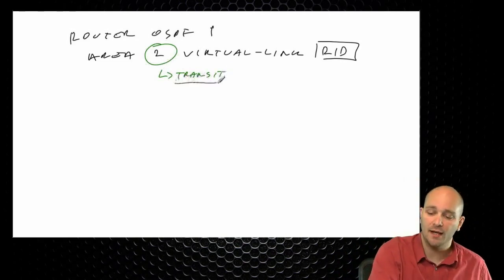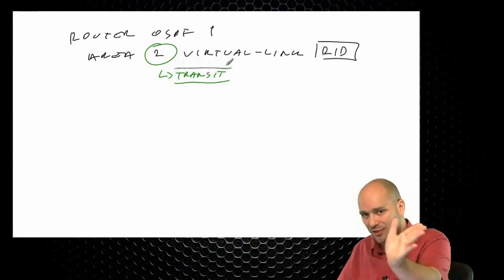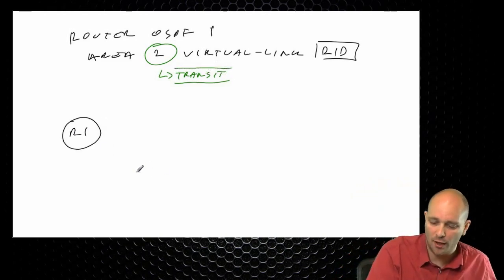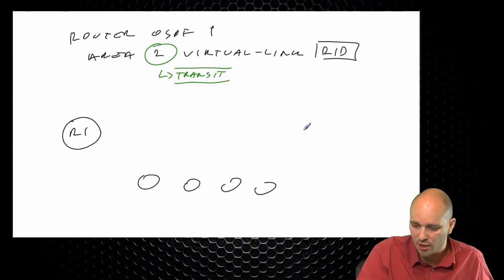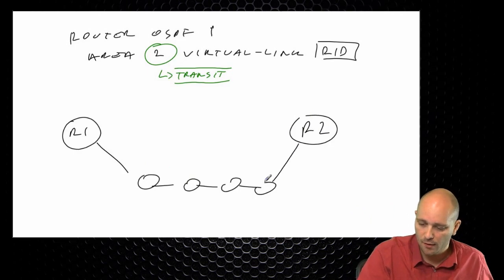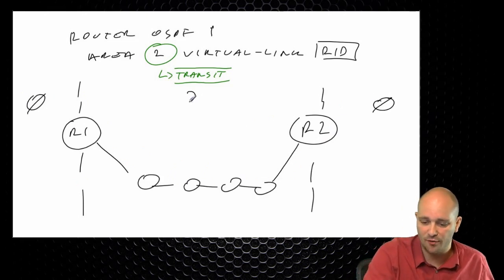So we are telling our router, create the virtual link using area 2 as the transit area. Let's say that we had R1, then any number of routers here, and then R2. Let's say this here was area 0, this was area 0, this is area 2.